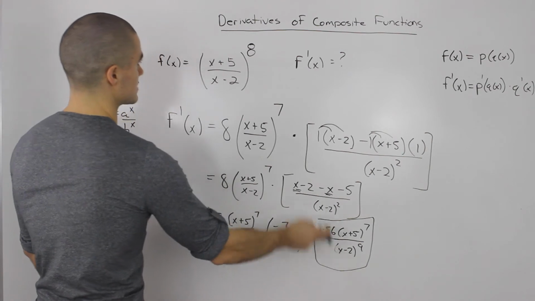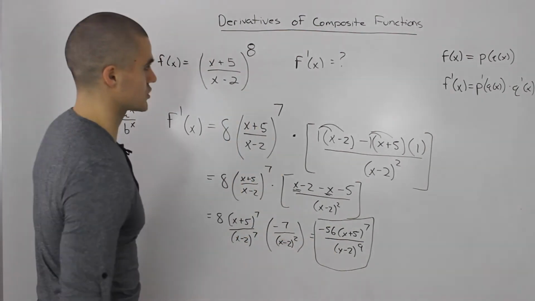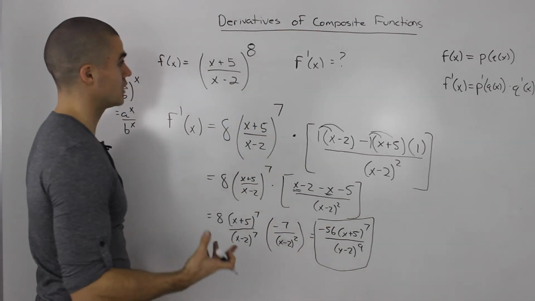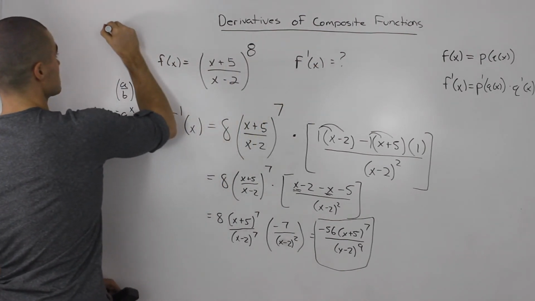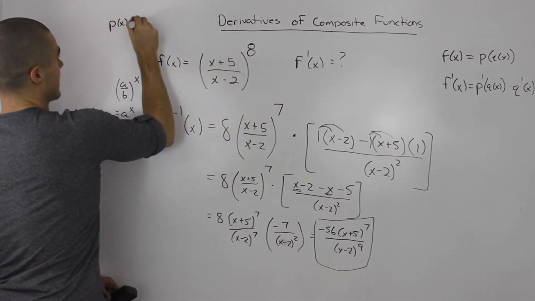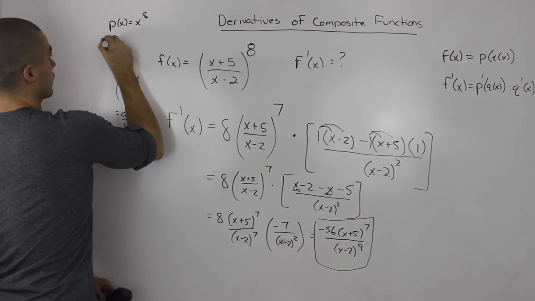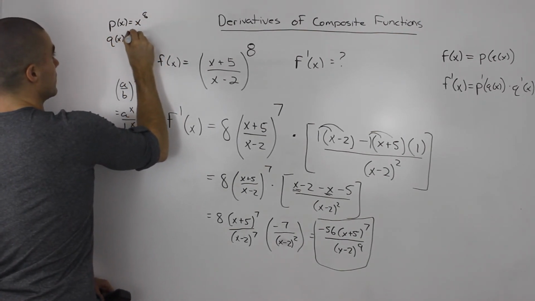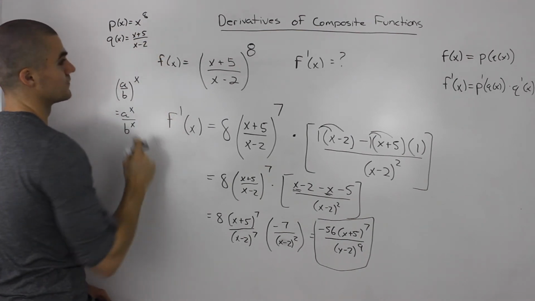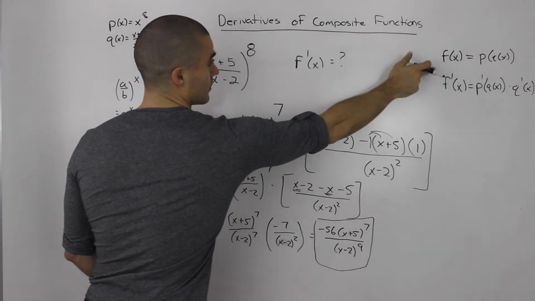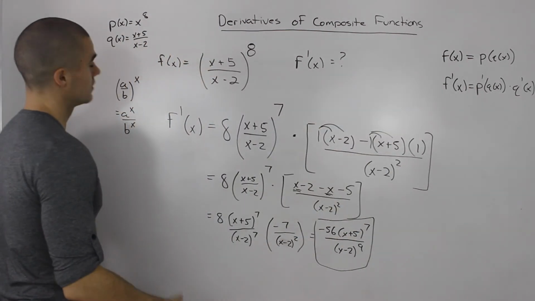So right here, this is the derivative of this composite function, right? So we just applied the chain rule. The outer function, our p of x, was x to the power of 8, and our q of x was (x + 5) over (x - 2), if we're talking about this notation here.